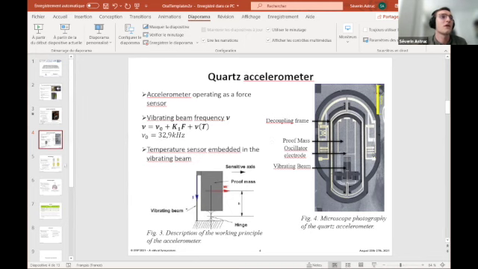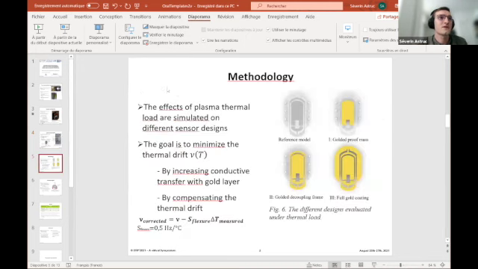temperature drift. In this work, we developed several other designs of this sensor with different layers of gold, and the goal is to minimize the thermal drift.